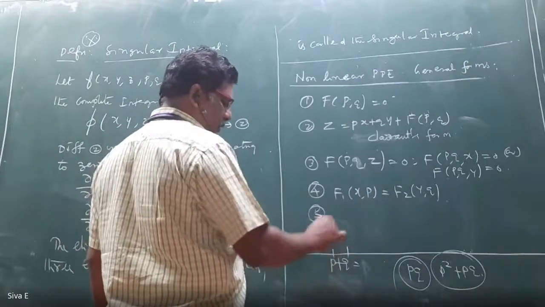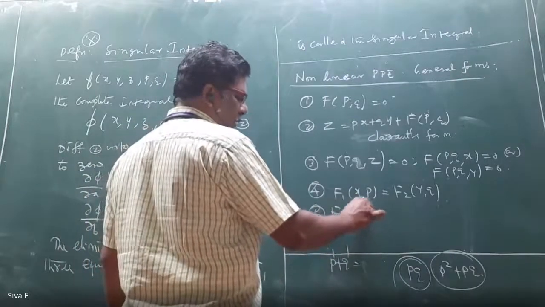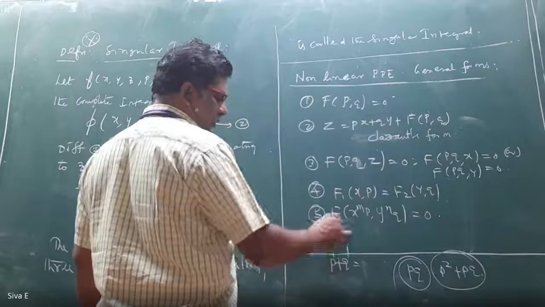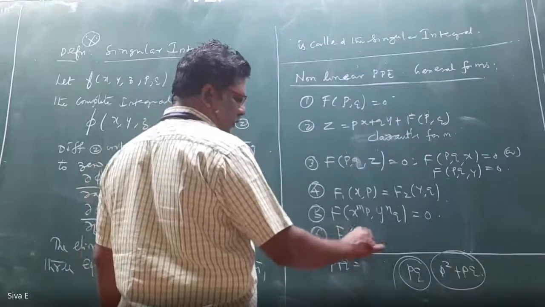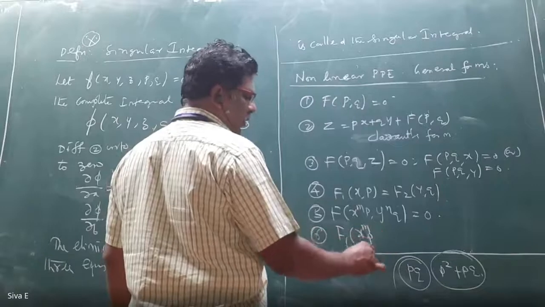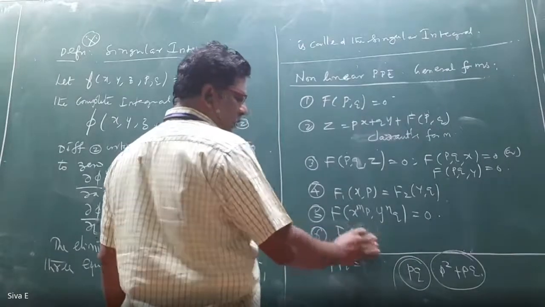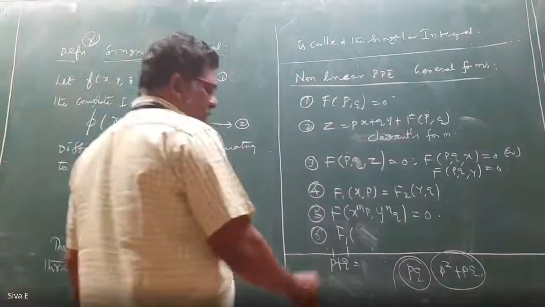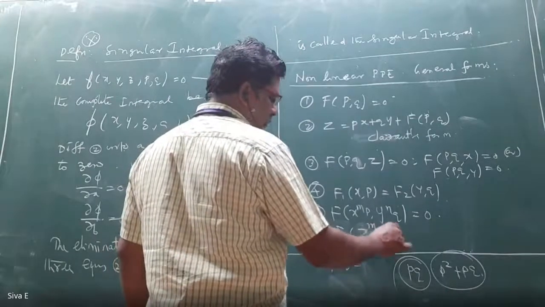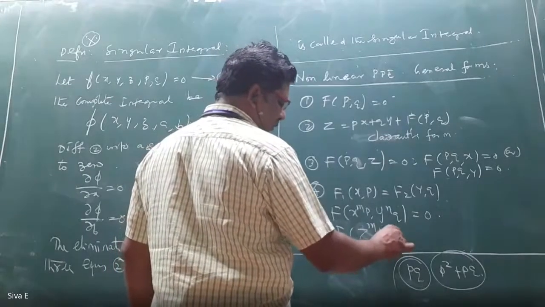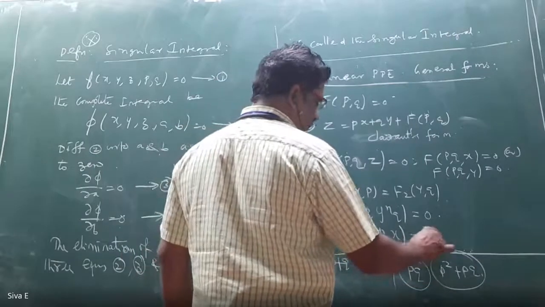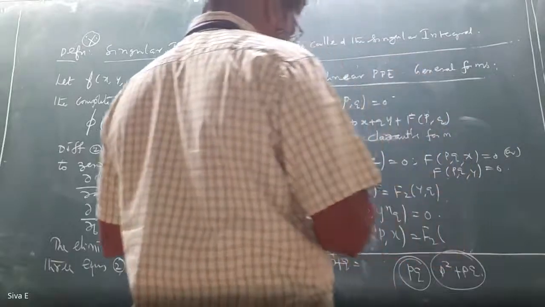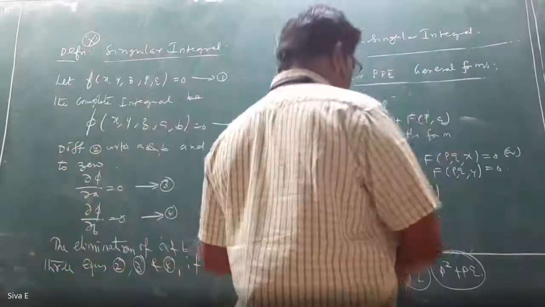Then two more things are there, fifth and sixth type. Fifth: F of x power m p, y power n q equal to 0. Sixth one: f1 of x power m p, z power m p, comma x, which is equal to F2 of z power n q, z power m q into y.